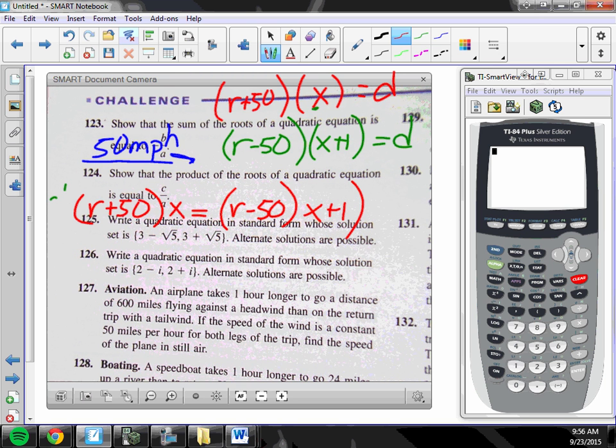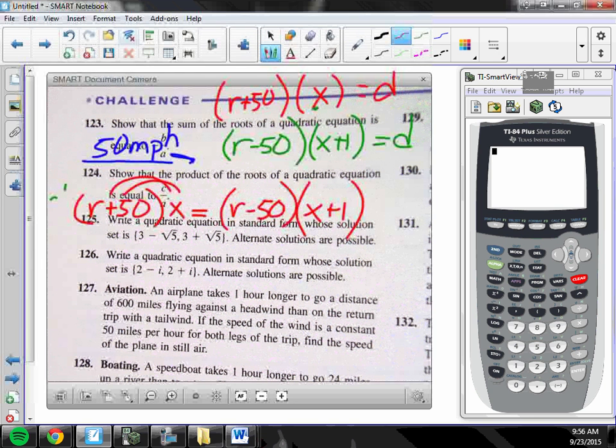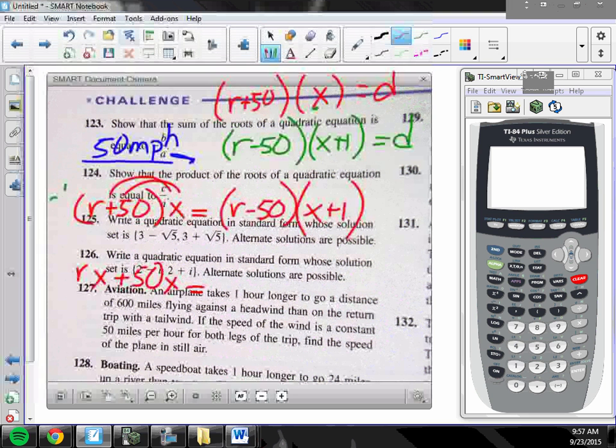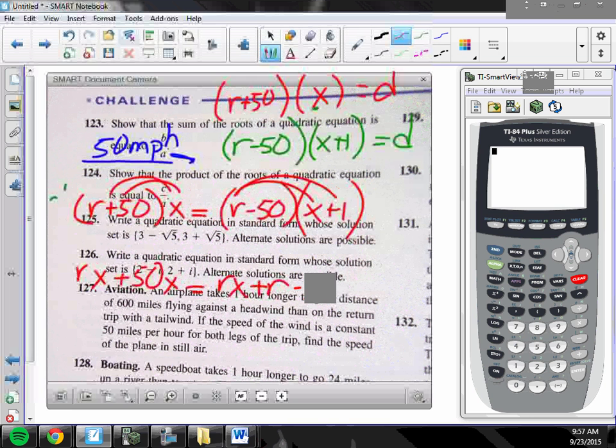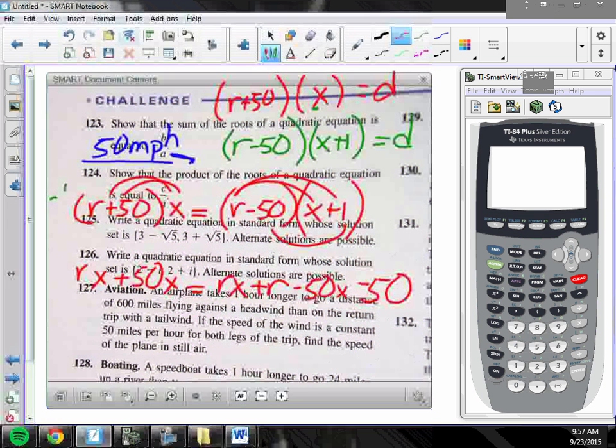So let's distribute. Well, wait, is that what we want to do? Let's try it. It might work. So Rx plus 50x equals Rx plus R minus 50x minus 50. Does anything cancel?